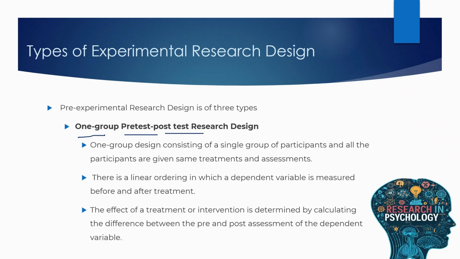Again, here what happens is that there is one group design consisting of a single group of participants and all the participants are given the same treatments and assessments. But there is a linear ordering in which a dependent variable is measured before and after treatment, which means I'll be checking how much you have understood the subject before I teach you something, and then I conduct the test.